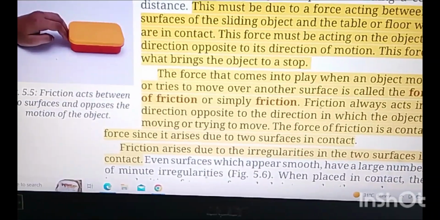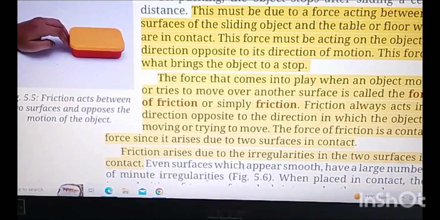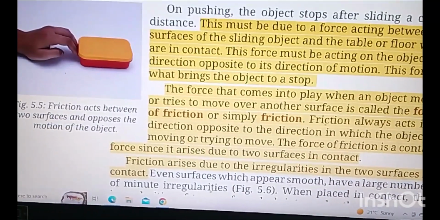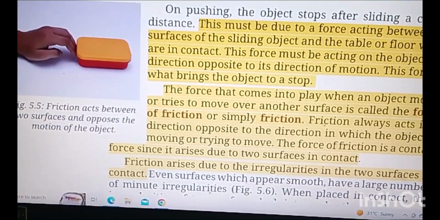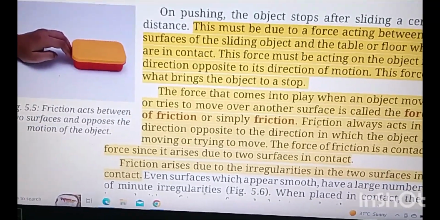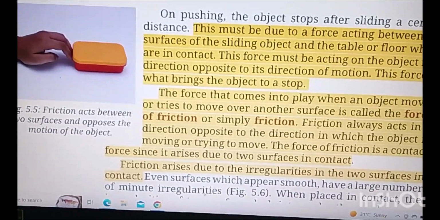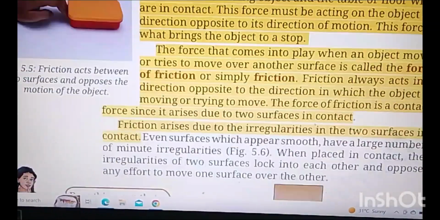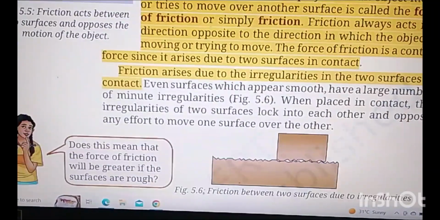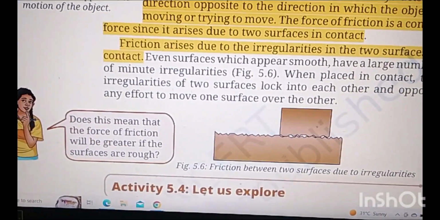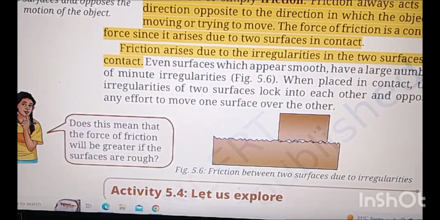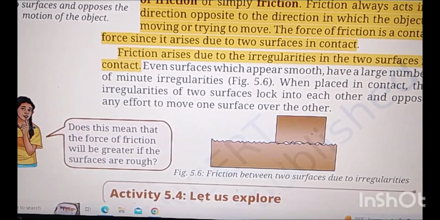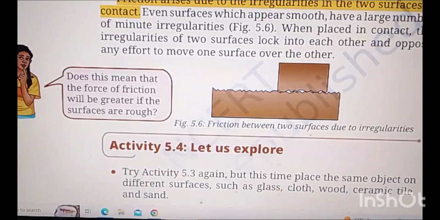That opposing force will be reduced, so if we are walking on a wet floor, there are chances of us slipping and falling down, because the frictional force is very much less compared to a rougher surface. Okay, so we understand that friction is a type of opposing force which acts on the surface of the floor and our feet. Okay, like that we can say.